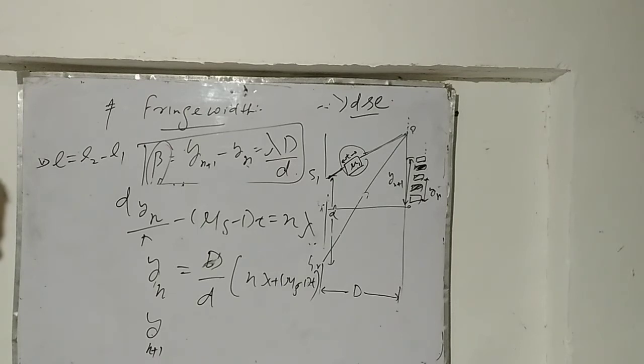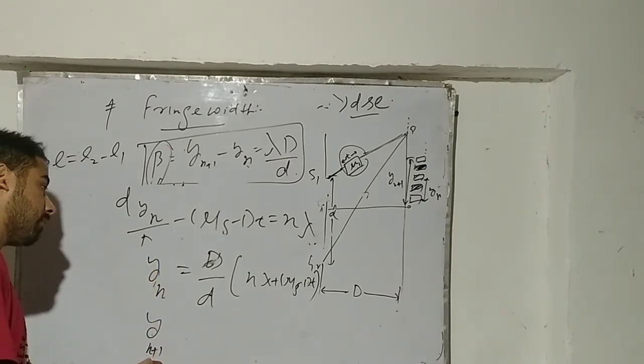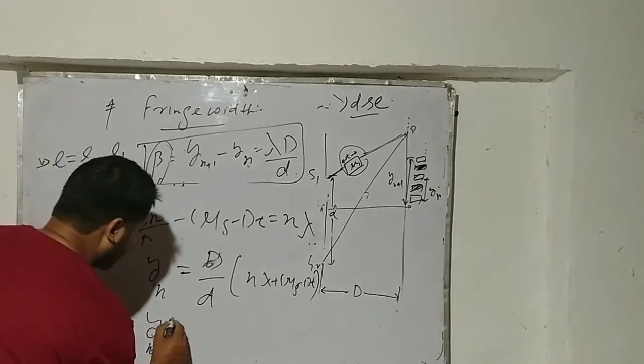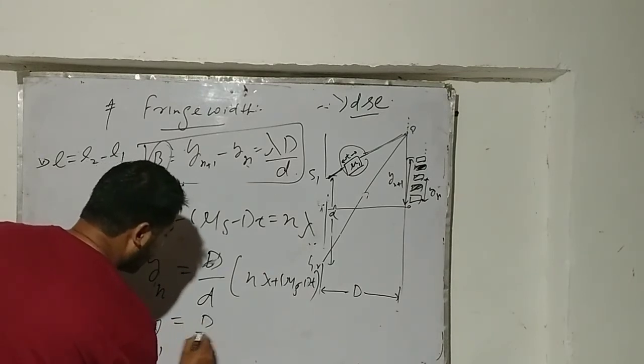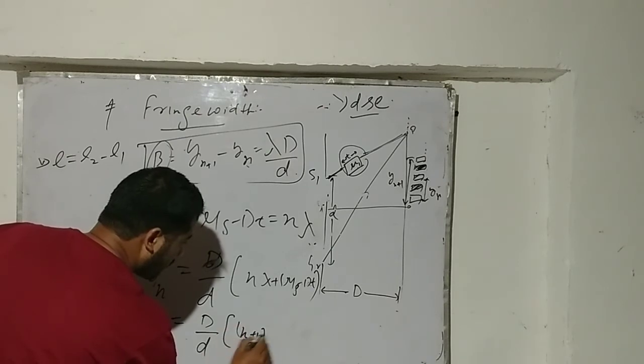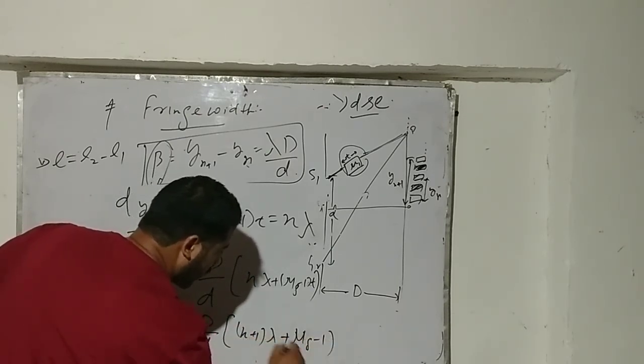Here it's a bright fringe, so you should take a consecutive bright fringe, and for a dark fringe you should take a consecutive dark fringe. So I will use n plus 1: y_(n+1) is D over d times (n plus 1) lambda plus (mu minus 1) t.